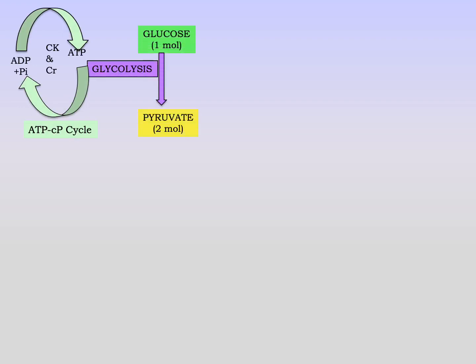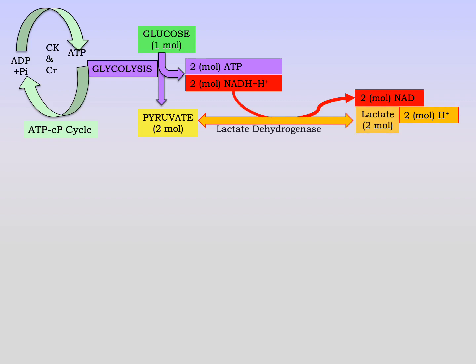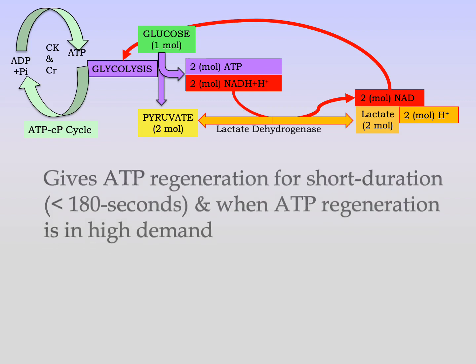We will then move into glycolysis, where we will take our glucose and form it into pyruvate, allowing for the formation of NADH, H+, and ATP to come out as byproducts. Pyruvate will then interact with lactate dehydrogenase to form lactate, reforming NAD, which will then go back into glycolysis. So what we're doing here is cycling in order to ensure that we can have continuation of glycolysis.